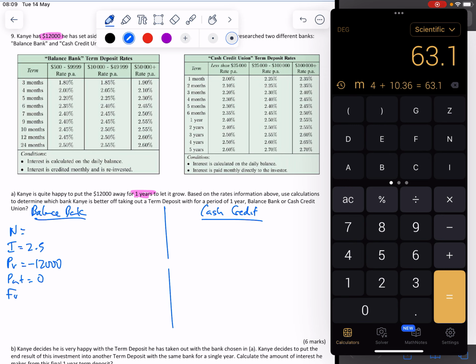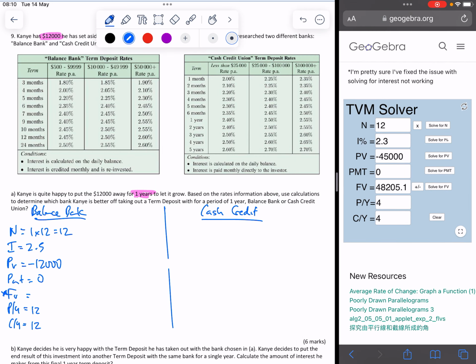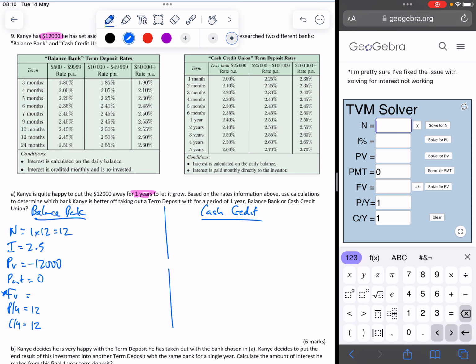We're just working out how he's going to be better off. PY, CY. It's credited monthly, so it's compounding 12 times a year. So TVM solver. N is 12, interest rate 2.5, PV negative 12,000.